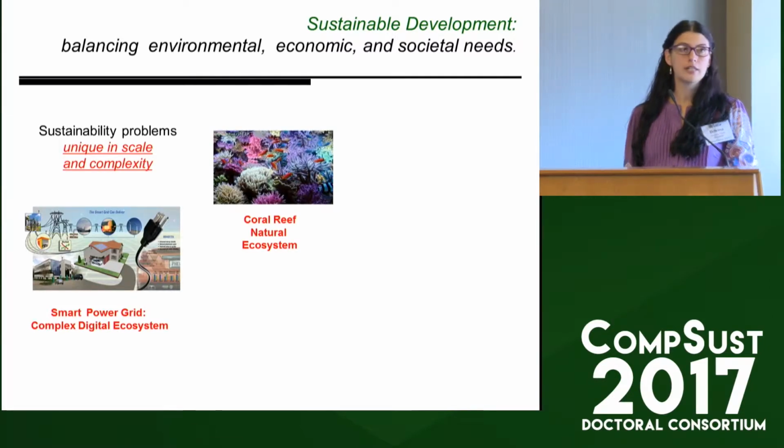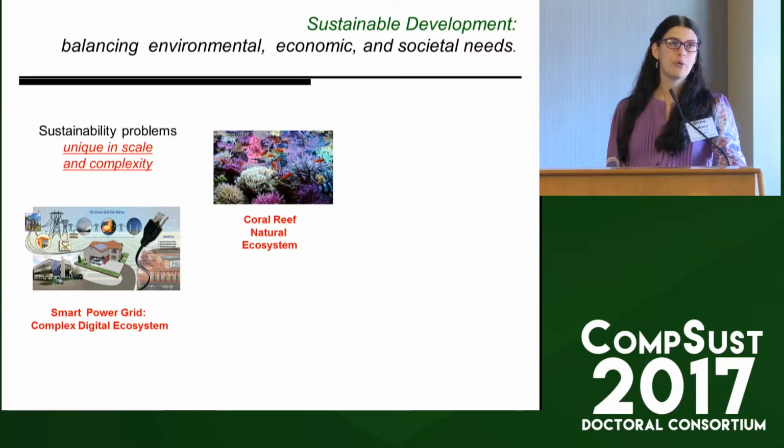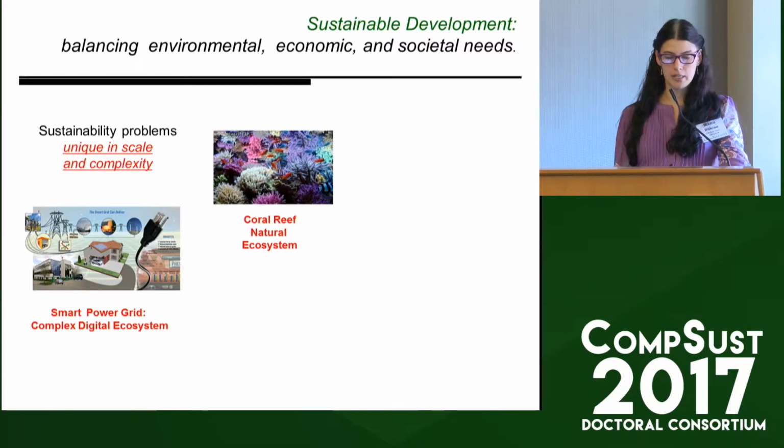And so sustainability problems are unique in scale and complexity. They range from complex digital ecosystems created by humans, such as the smart power grid, to natural ecosystems, such as the coral reefs, which are very complex, dynamic, and at different scales.